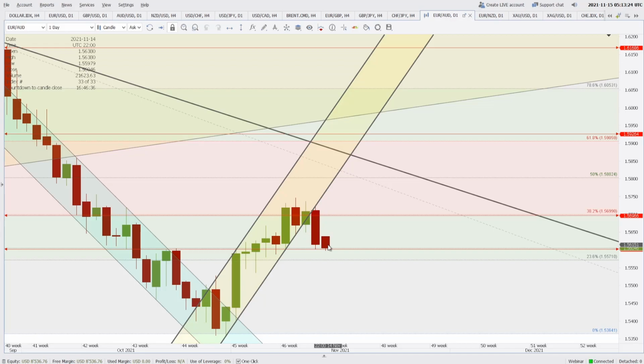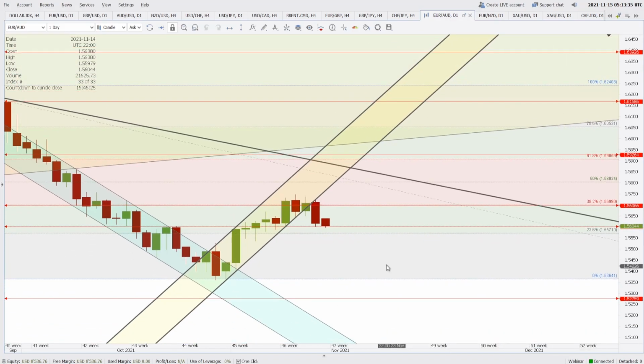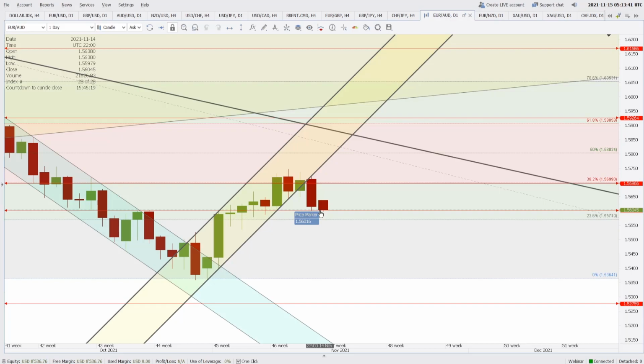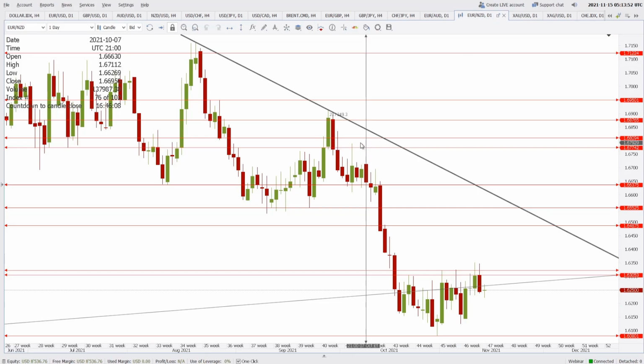Actually I am expecting this area to hold as a fresh support, but looking at the price action of Friday, it seems very unlikely that this level will hold, and now I am expecting the price to go back to 1.5275 in this market. But right now the price is trading at support, so we cannot say anything. Support for the price is 1.5601 and the resistance is at the 1.5696 area here.